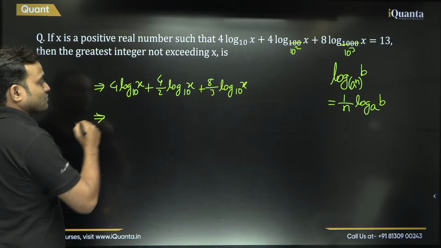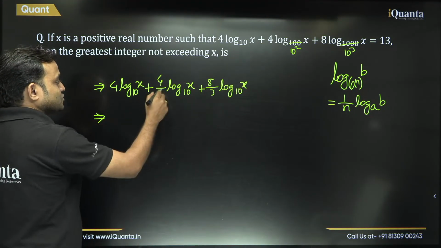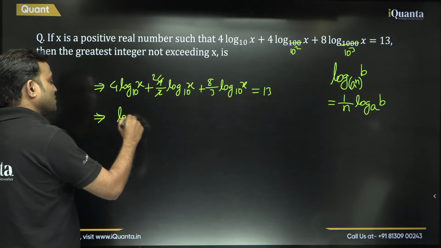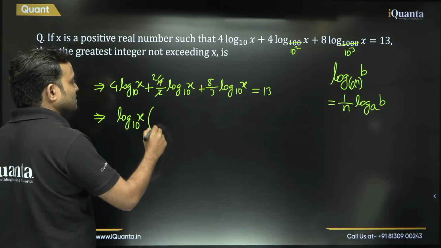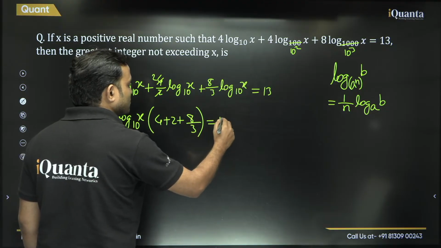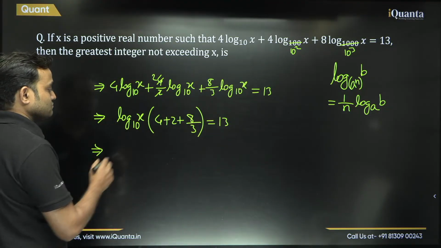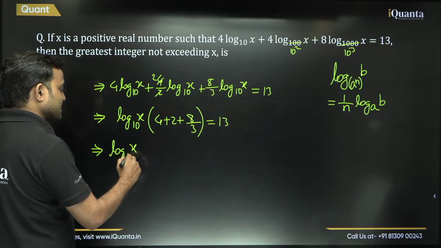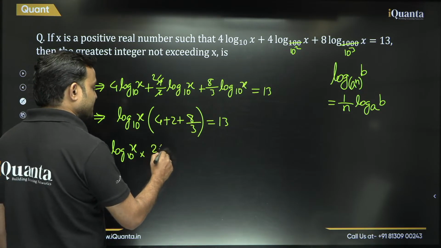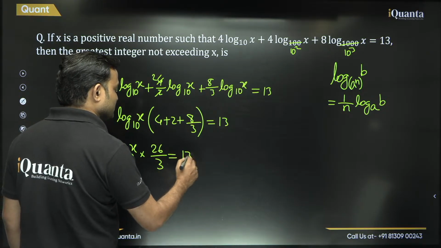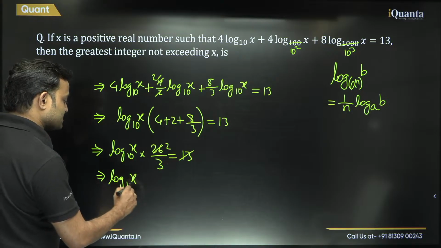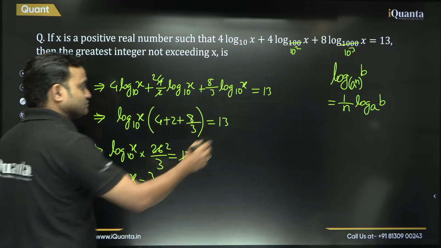So from there we can take this is equal to 13, we can take log x to the base 10 common, we are getting 4 plus 2 plus 8 upon 3 is equal to 13, or log x base 10 into, this is 6 into 3, 18 plus 8, 26 by 3 is equal to 13. So this will be 2 times. We can say that log x to the base 10 will be equal to 3 by 2.